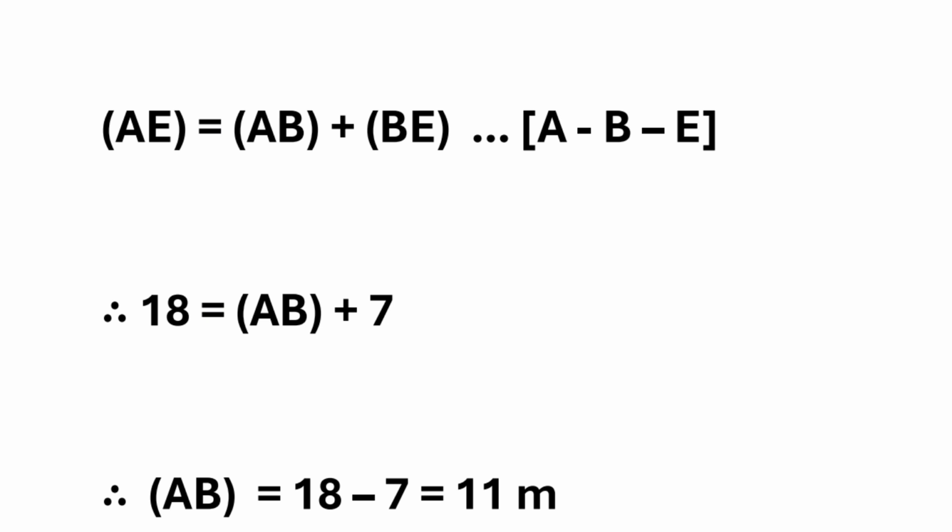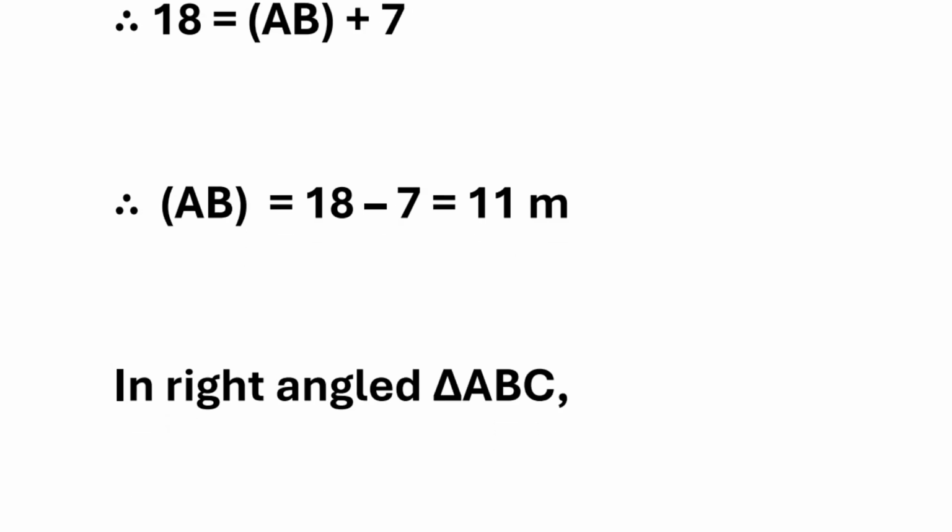When we take this 7 to the left side, then 7 becomes minus. So AB is equal to 18 minus 7 is equal to 11.